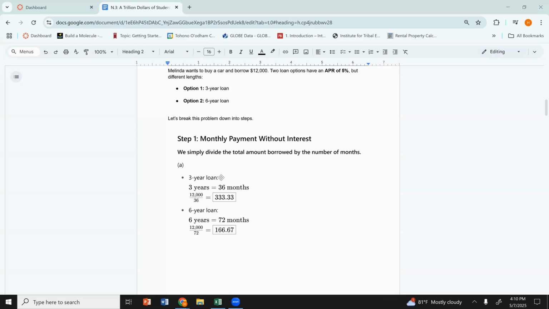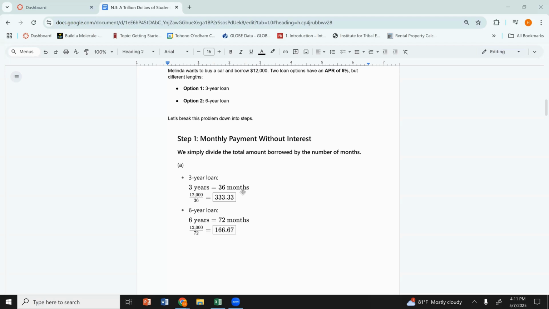First we have to figure out how many months are in a year, which is 12. Then in 3 years, how many months are we talking about? That's 36 months, 12 times 3. Now you know that there are 36 months in 3 years, and the amount Melinda borrowed is $12,000.